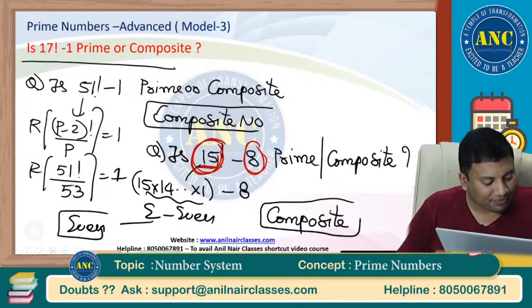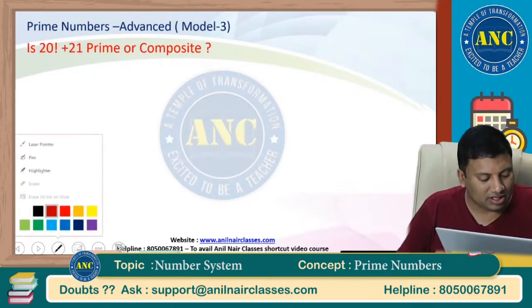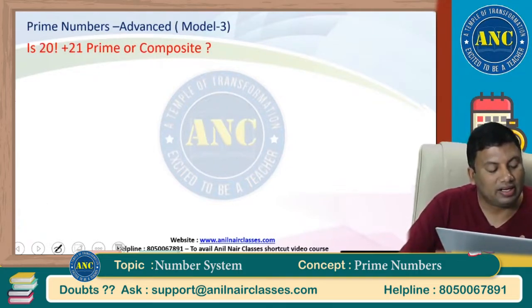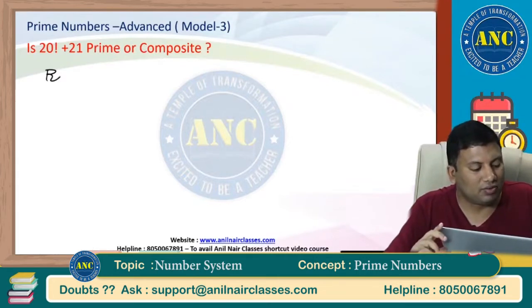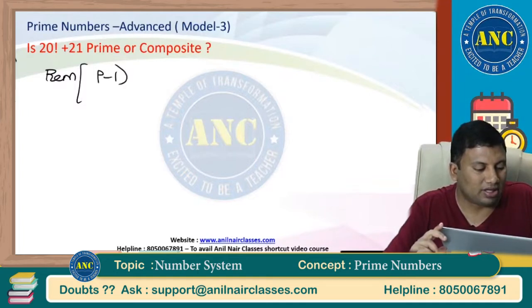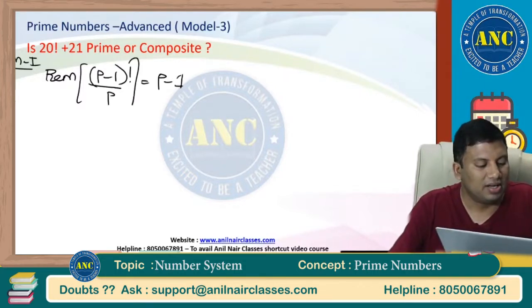Next one, another variety. Varieties of questions in our class: is 20 factorial plus 21 prime or composite? What is the concept that we discussed? I will discuss this problem in 2 methods. Method 1: (p minus 1) factorial by p is p minus 1.